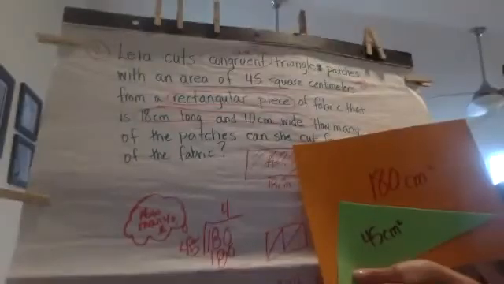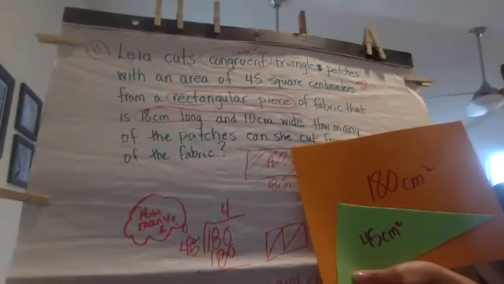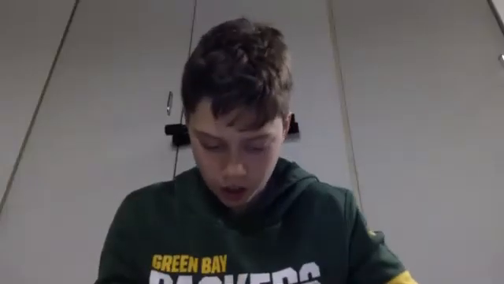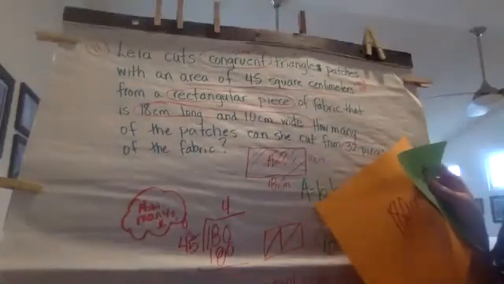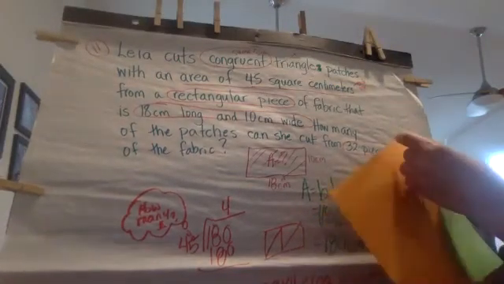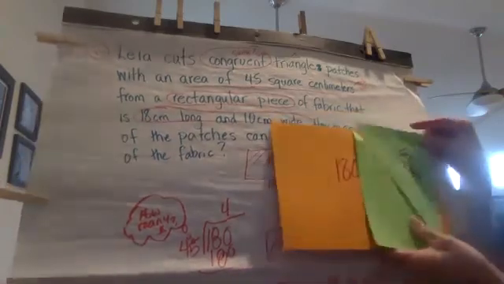I like that, good job. Can you use that to tell me how many 45s are in 180? It would be 4 of them. Exactly. So if I cut the triangles carefully and used a ruler, I could cut 4 of them from this paper.